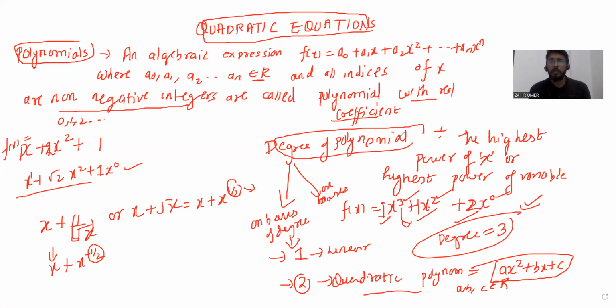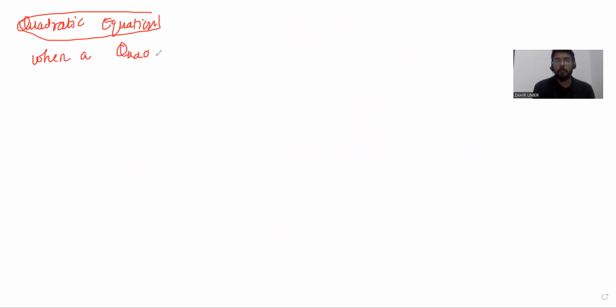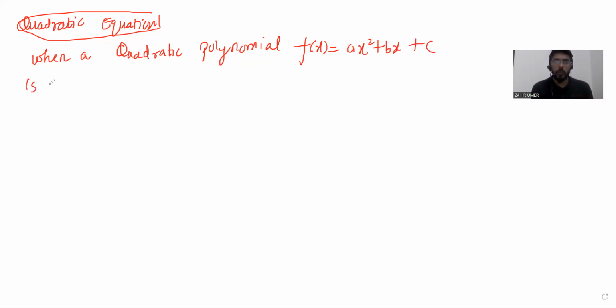So our chapter is quadratic equations. Before coming to the quadratic equation, I have explained what a quadratic polynomial is. Now we move from quadratic polynomials to quadratic equations. The story of the quadratic equation begins when a quadratic polynomial f(x) = ax² + bx + c is equated to 0.